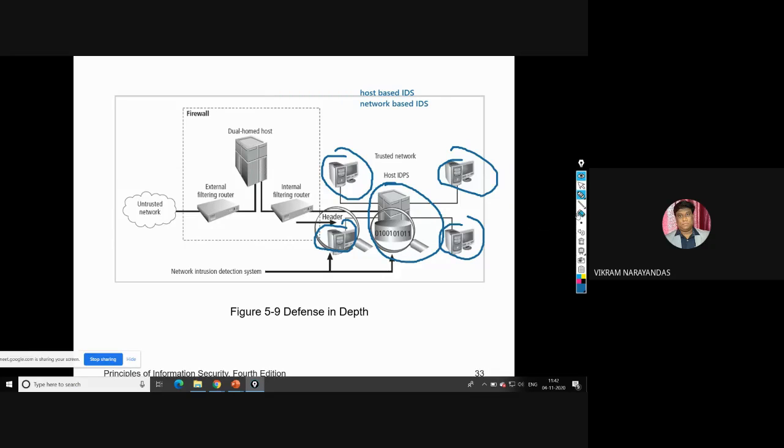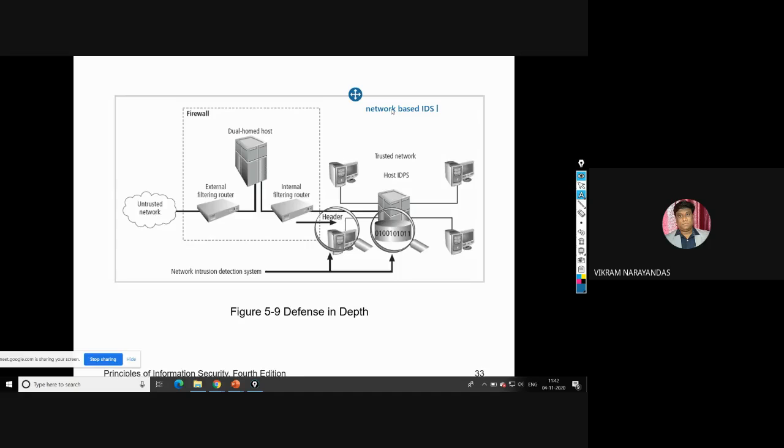Next, coming to the network-based IDS. Network-based IDS generally looks at the patterns of network traffic. You can see in the diagram again.